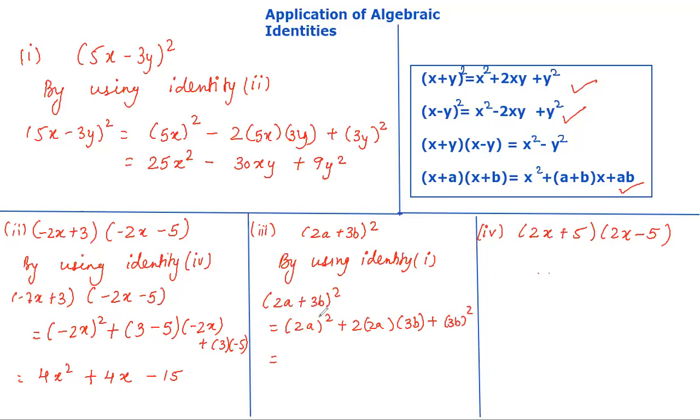Now open the brackets. So this will be 4a square plus 12ab plus 9b square.